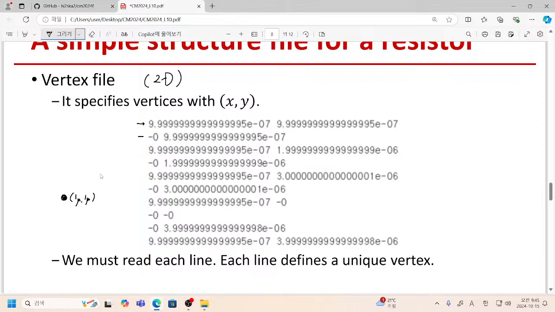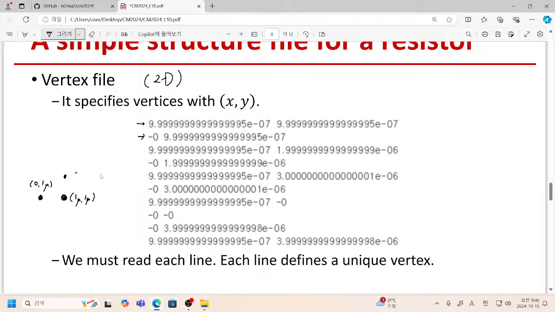Please go to the second line. Here we have 0, 1 micrometer. If you just follow that way, you can identify many different points. So let me do it together with you. For example, this corresponds to 1, 2.